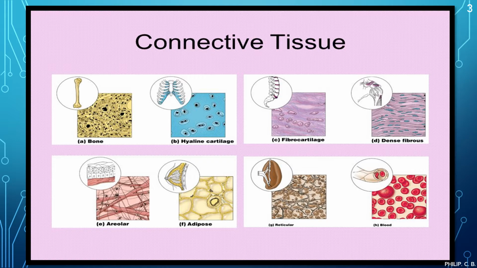For example, bone cells, the hyaline cartilage in the rib cage, fibrocartilage in the back, there is intervertebral disc, the dense fibrous tissue in the ligament region or in the joining part, the areolar tissue, adipose in the fat cells, the reticular part, and then the blood cells in the blood vessels. Okay.